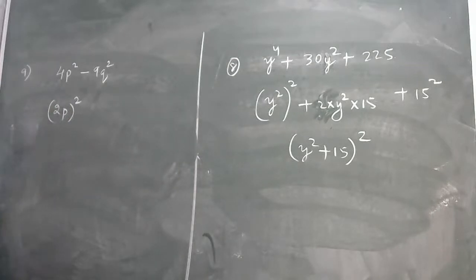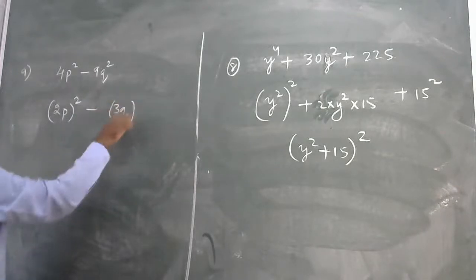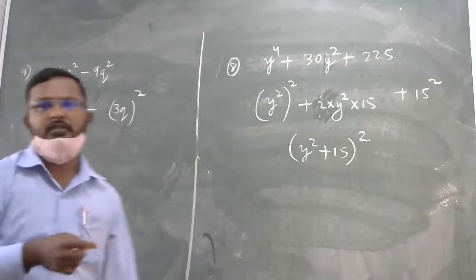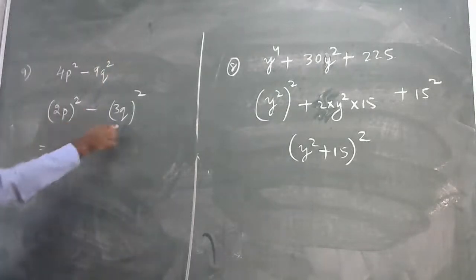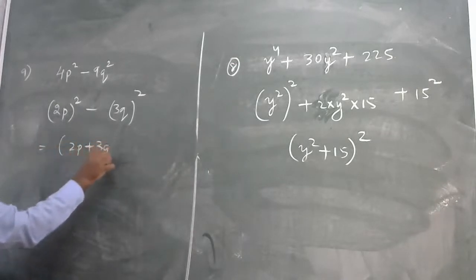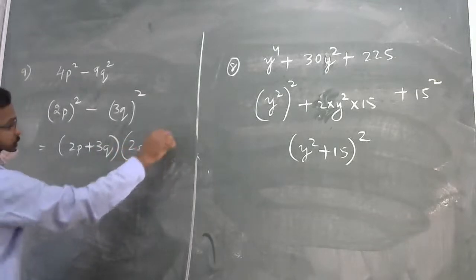Now 2p into 2p will get 4p square. Minus 9q, we can write it as 3q whole square. The value of a is 2p, the value of b is 3q. So we can write it as a plus b into a minus b, that is 2p plus 3q into 2p minus 3q.